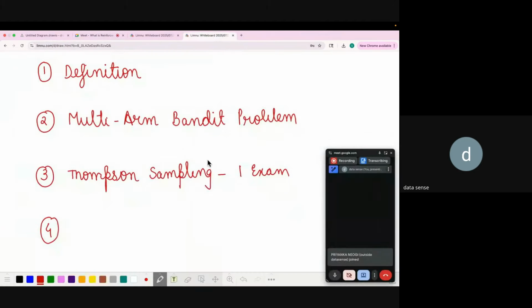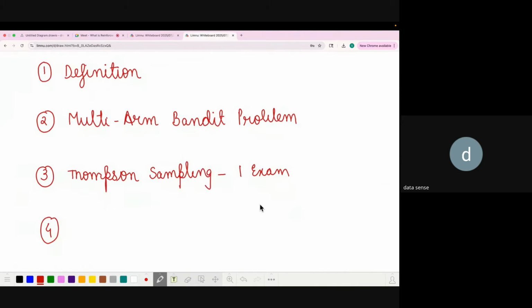Okay, it's fine if you guys don't know. We're going to take a case study where a company has to launch an ad campaign. It has possibilities of five versions of an ad. How does it decide how it should spend the budget on which particular ad to maximize its return, right?